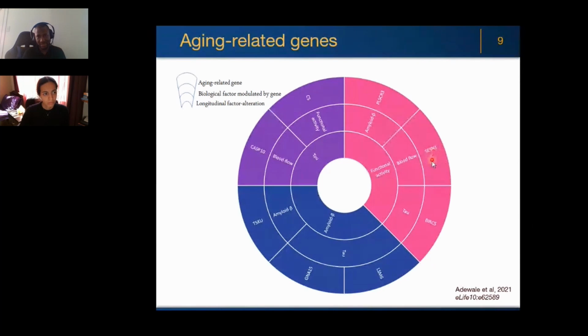For example, if you look at the SESN1 gene, this particular gene has been reported to inhibit aging, to modulate exercise, and also to be involved in oxidative stress. What we found here was that it influences the interaction of cerebral blood flow with the other 5 macroscopic factors that we considered in driving longitudinal change in neuronal activity.